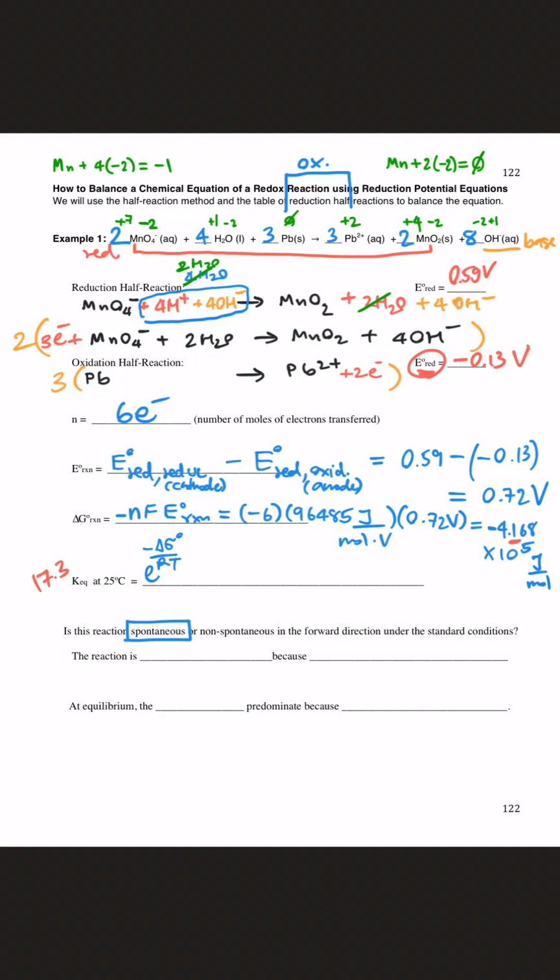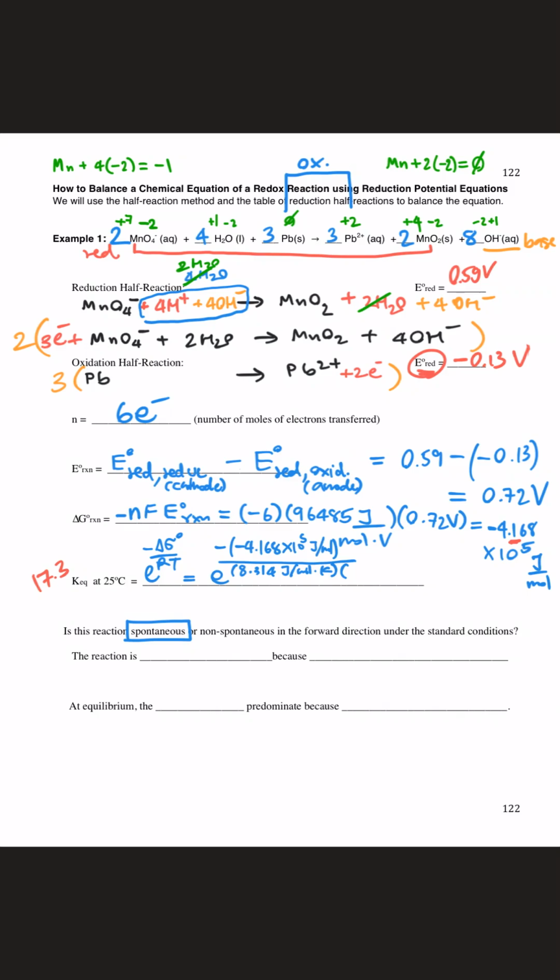Therefore, you do the exponent of negative delta G, which is negative 4.168 times 10 to the 5th joule per mole, divided by R, the universal gas constant, with units of joule per mole per Kelvin. The value is 8.314 joule per mole per Kelvin.